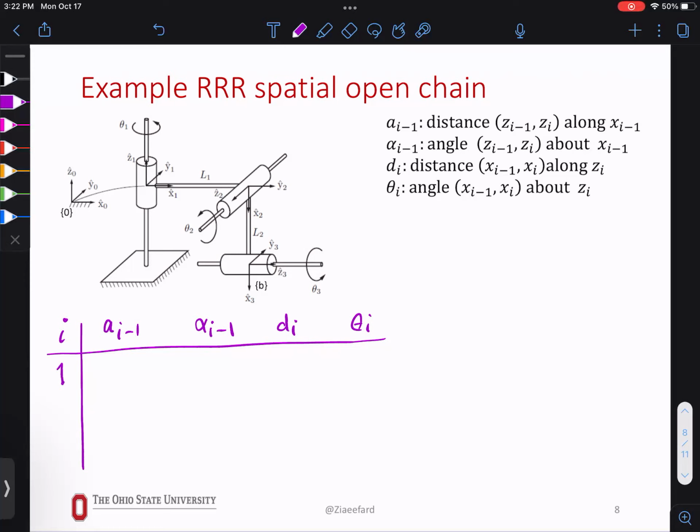So quickly, look at frame 0 and frame 1. Tell me if you can fill out the first row very quickly. Yes? 0, 0, 0, theta.